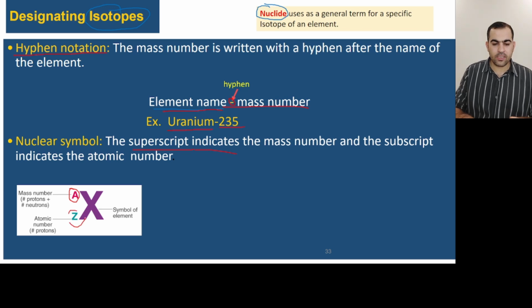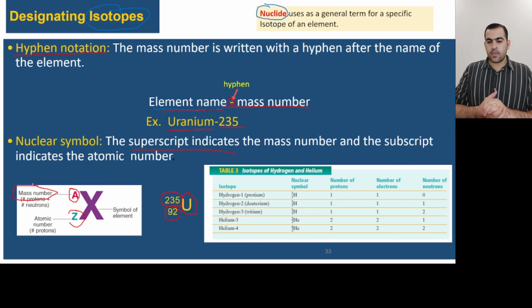Then for Z, we said that Z shows the atomic number or protons number, right? For uranium, we write the symbol, with the subscript atomic number or protons number. Here this 235 is the mass number.